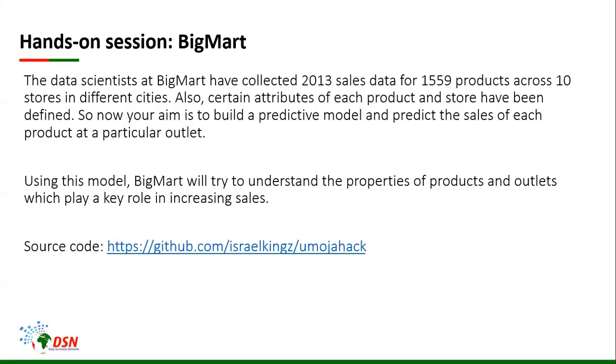Using the model, Bigmart will try to understand the properties of the product and outlets which play a key role in increasing sales. If you want access to the source code that we'll be using in this class, I know that the team will help me share it in the group. You can also follow through from your end.